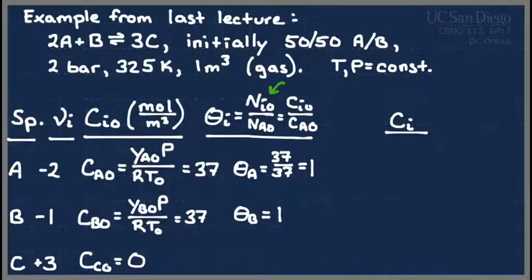Theta B is also 1, because that's 37 over 37, so that is this one divided by that one. And theta C is also pretty easy in this case, that's 0, because that's 0 over 37. So as you get more comfortable with theta, you may not need an entire column for theta, which is fine. You don't have to have a column for theta.